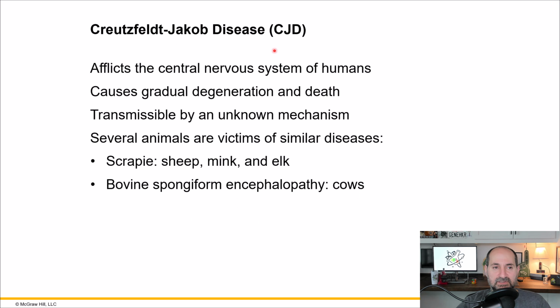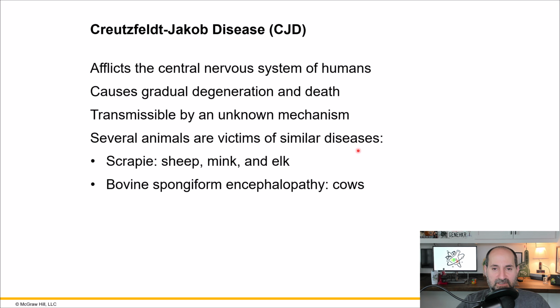Creutzfeldt-Jakob disease is an example of a prion disease in humans. It infects the central nervous system, causing gradual degradation and death of the brain. It is transmissible by an unknown mechanism, though usually it can be traced to ingestion of brain material.